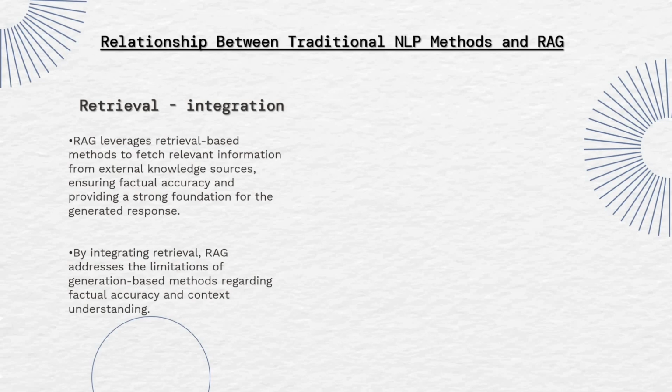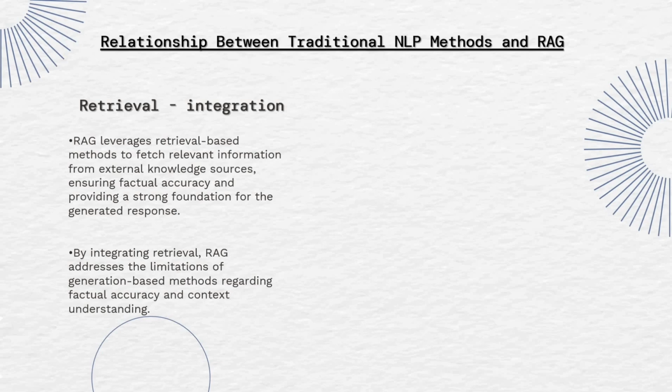Now we just discussed the strengths and limitations of both of these methods, that is, retrieval-based and generation-based methods, and we saw that the limitations of these methods are complementary in nature. That is, what retrieval-based methods are lacking, the generation-based methods have, right? So in order to overcome the limitations of both of these methods, the strengths of both have been integrated to give rise to the RAG mechanism.